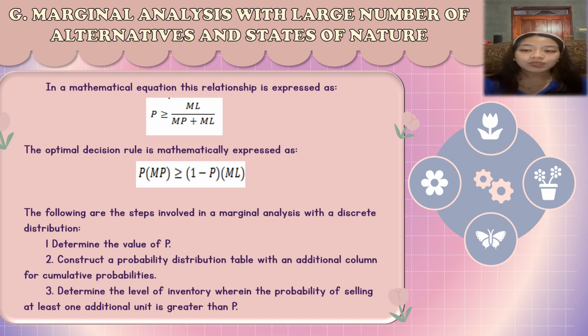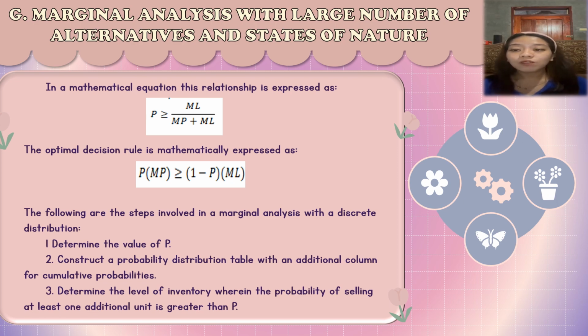In a mathematical equation, this relationship is expressed as P is greater than or equal to marginal loss over marginal profit plus marginal loss. On the other hand, the optimal decision rule is mathematically expressed as P times MP is greater than or equal to 1 minus P times ML.